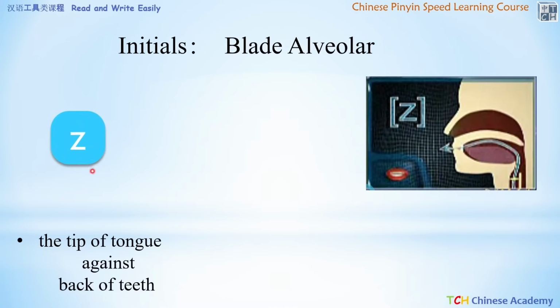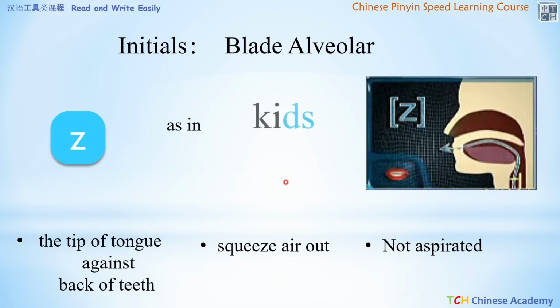Now let's look at the first one. Z. So the tip of the tongue is placed against the back of the teeth, and then we try to sneeze the air out, and this sound is not aspirated, just as in the English word kids.